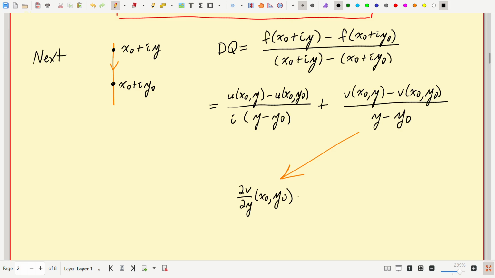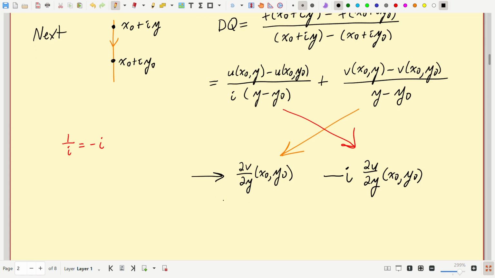And notice that 1 over i is equal to minus i. So this part is going to go to minus i. Put the big fat minus sign here. And that one is the partial derivative du dy at x naught y naught. And similar to previous considerations, this tends to that.